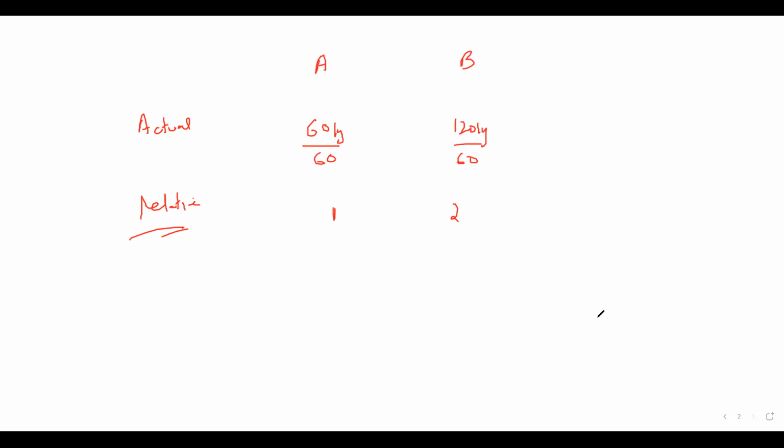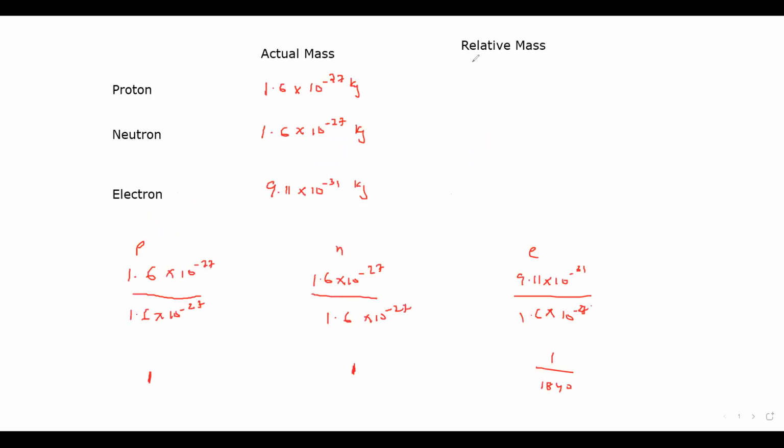Same thing, when we take the relative mass of proton, neutron and electron, the relative mass of proton is 1, the relative mass of neutron is 1, and the relative mass of electron is 1 divided by 1837 to be accurate, but you can write 1840. That is the relative mass. Is it clear?